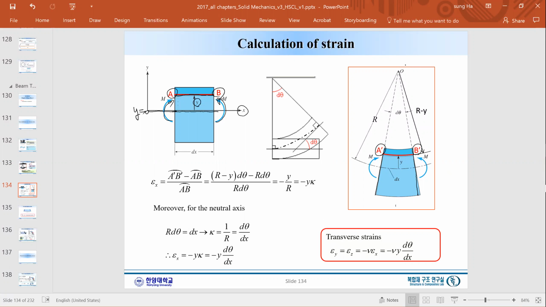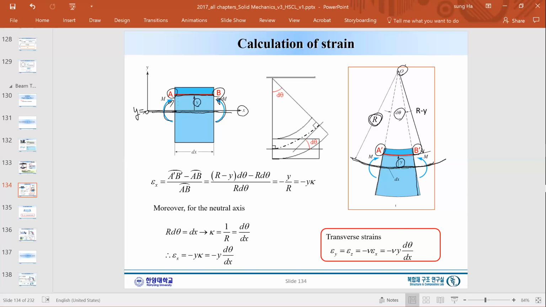And so from this, we can see that there is a center of curvature, and this line is simply the radius of curvature r. We assume that this line makes a circle with the radius of r, and then this makes a delta theta, and then A prime and B prime are at the position y.